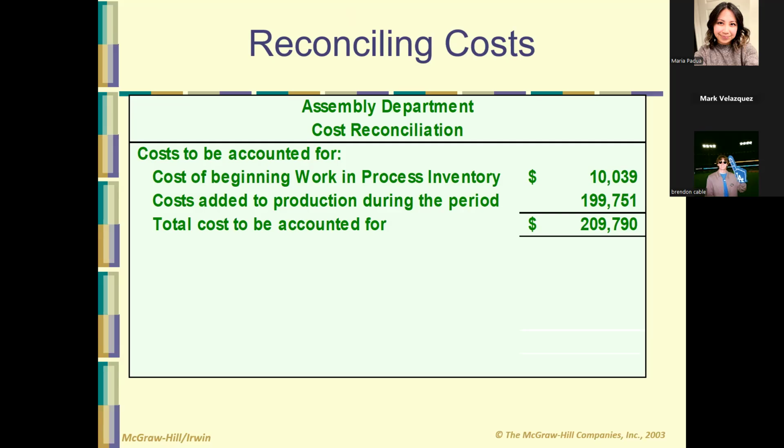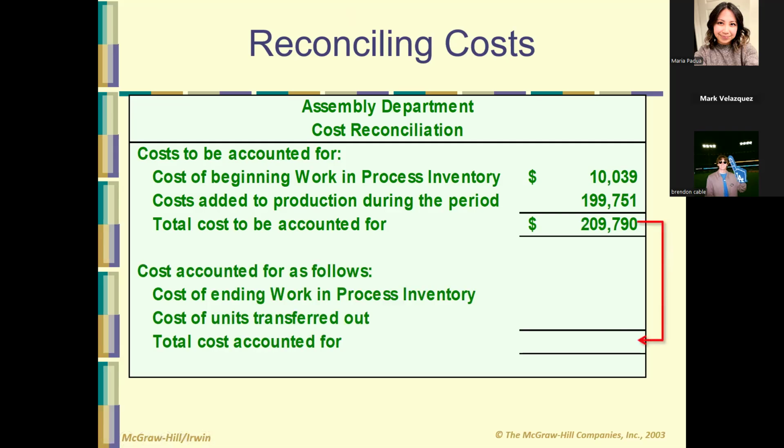We added to production $199,000. This is the transfer in total. This is your 100% stuff. This is the ending inventory units times the percentage of completion. The total to be accounted for must equal the ending inventory and the transfers out. And it's quite easy. And I'm going to have a slide coming up here that I'm going to work with a little bit.